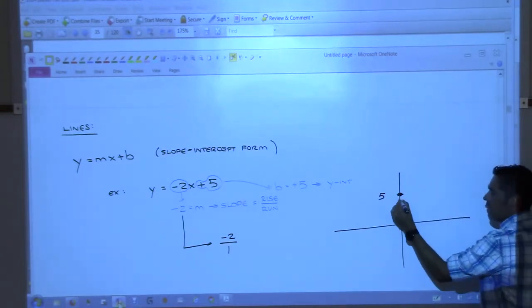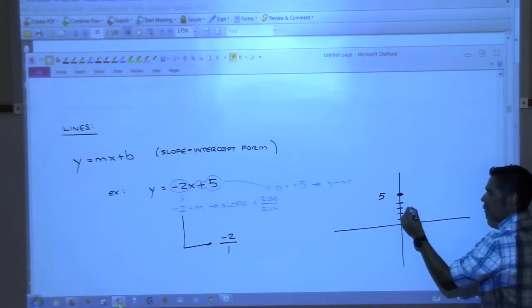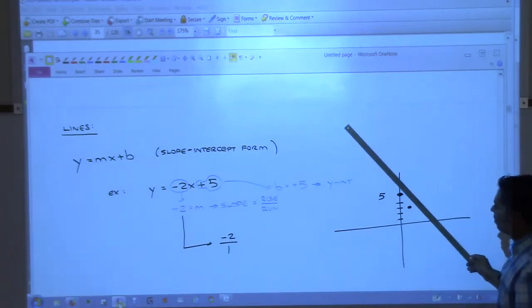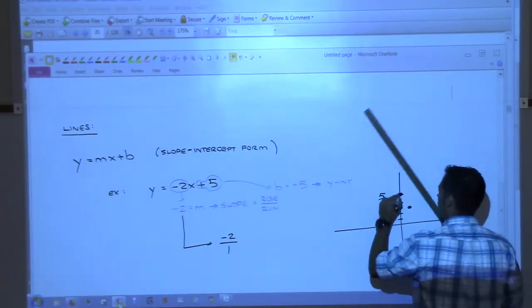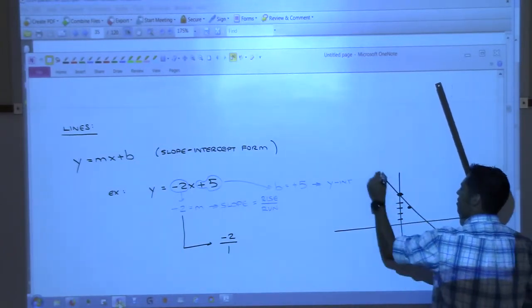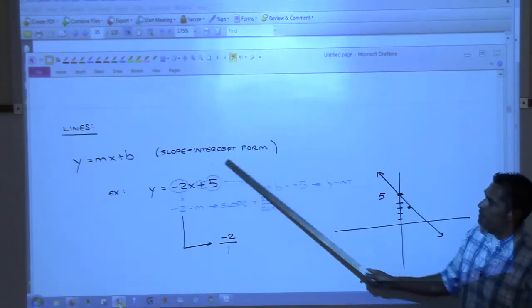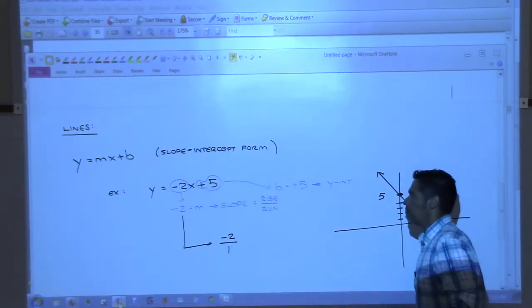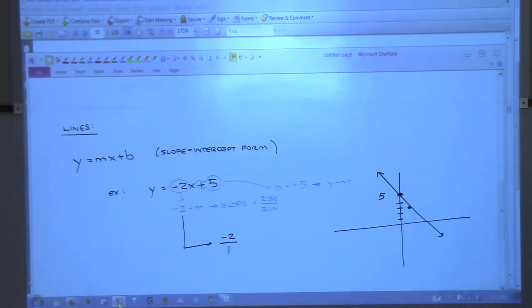So I'm just going to go down 2, over 1, and draw a dot. And once I have two dots, straight line, draw it, and you have the graph. So there's something very nice about this slope-intercept form of a line, and that's you can graph it quickly. Do you all agree with that? Okay. So that's the slope-intercept form.